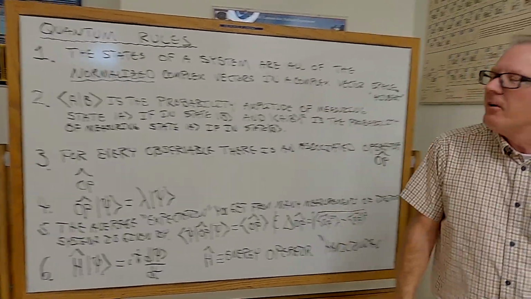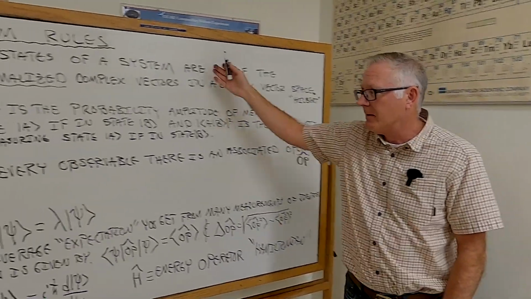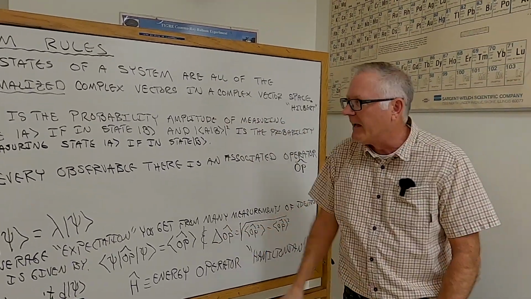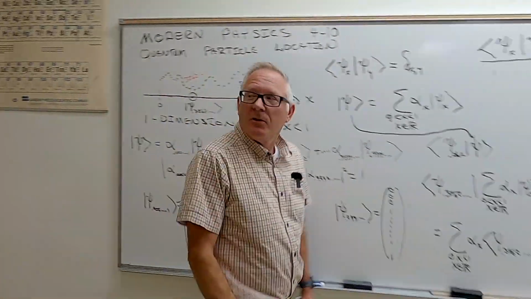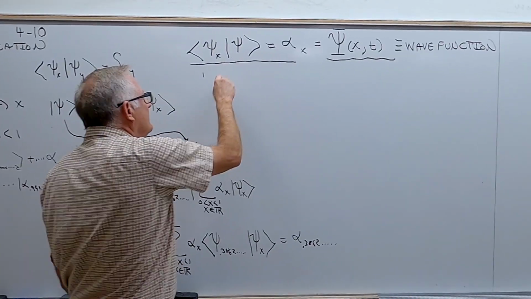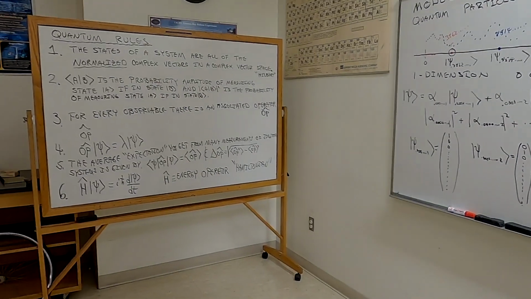Okay, so what are our new rules going to be then? They're just going to be modified a little bit to deal with wave functions. So the first one is, just like we had up there, the states of the system were normalized vectors.